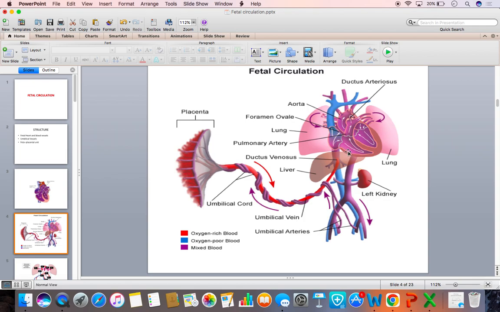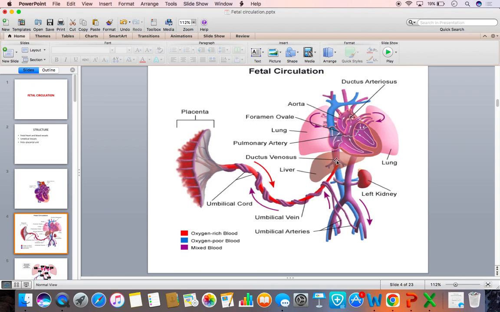Next, right atrium receives the venous blood from the inferior vena cava, okay, which is drained by the ductus venosus coming from the umbilical vein.